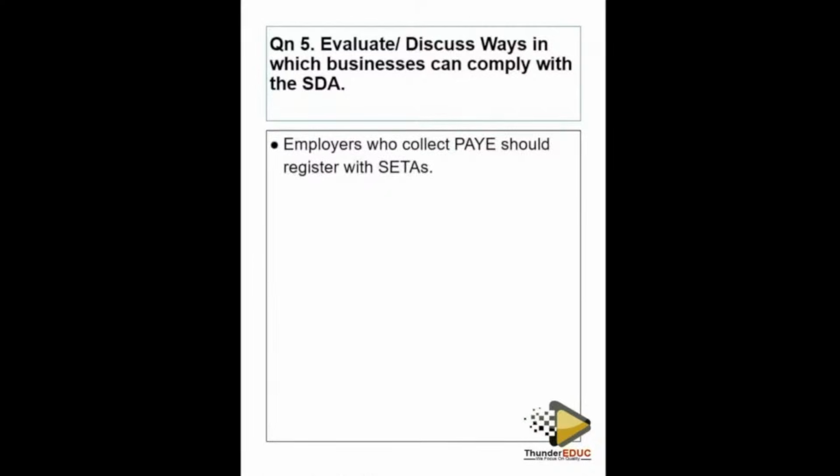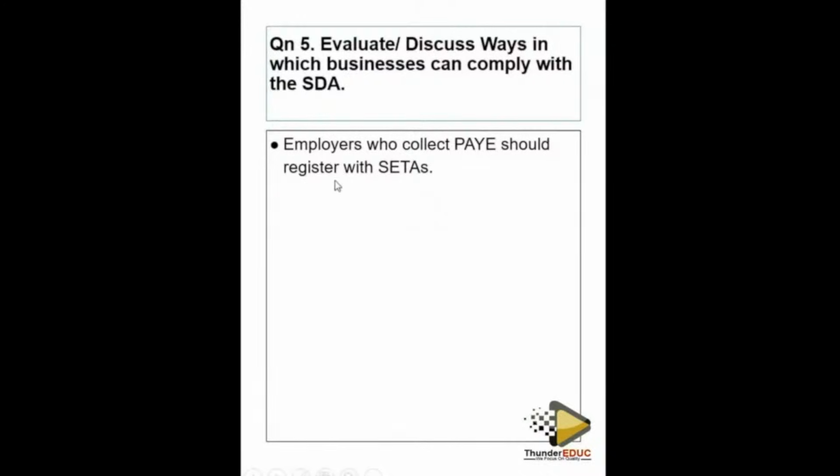So now, in order for businesses to comply, in order for businesses to take part in this Act, employers who collect PAYE should register with SETAs. If you still remember, there are those employers who take the income tax from their employees and submit such tax to SARS.